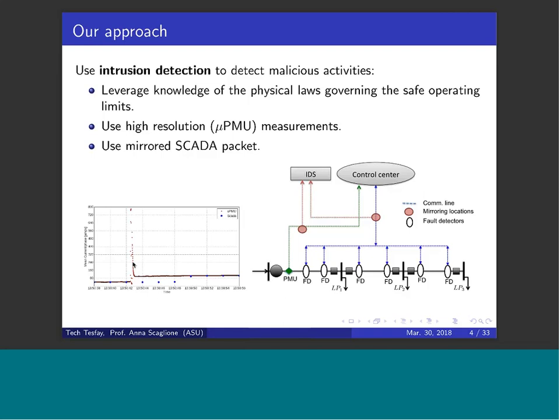So our main purpose is to combine this information from the high resolution micro PMU data and then integrate it with the data we get from SCADA measurements to look for intrusion detection.